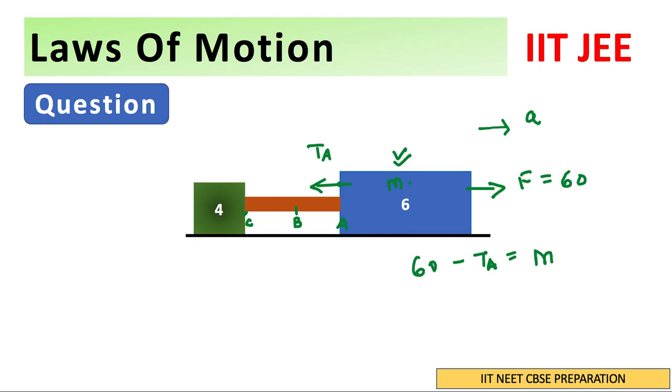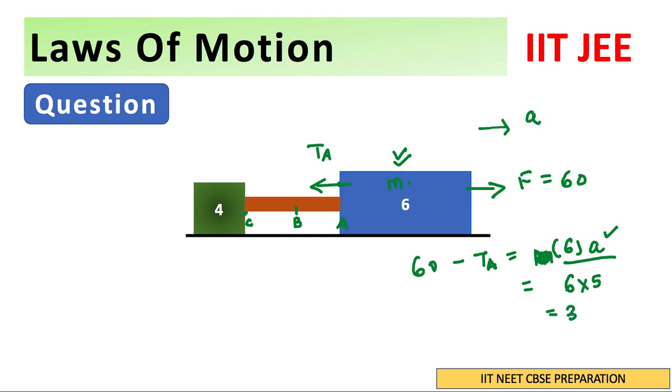Instead of marking A and B and creating confusion, since it's very simple, let's not confuse ourselves. You already know the mass, so let's quickly write it down: the mass is 6 kg. So you can write 6 into A, and the acceleration we have already found out. What is the acceleration? 5. So this will be 6 into 5.